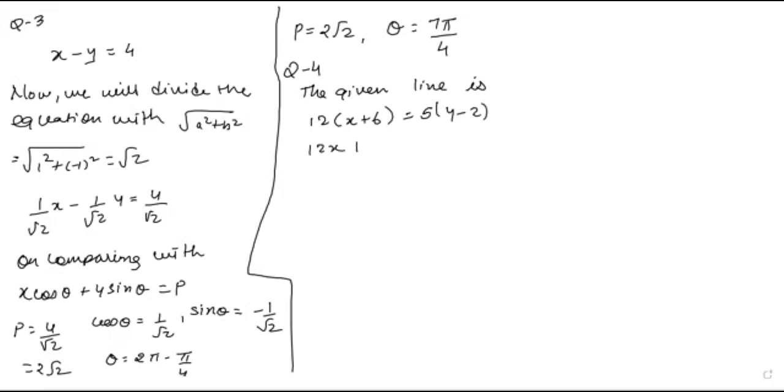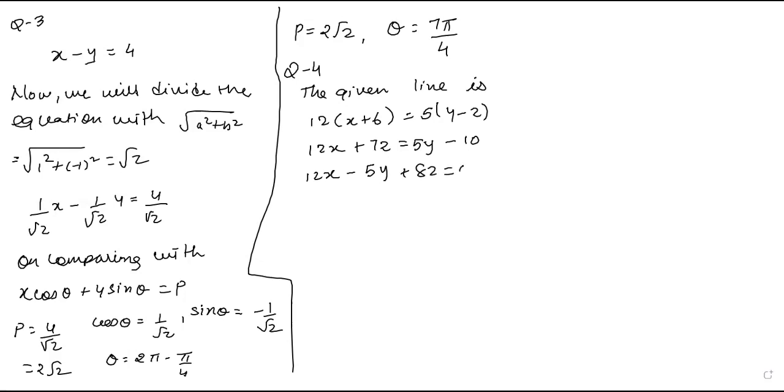So 12x plus 72 is equal to 5y minus 10. So 12x minus 5y plus 82 equal to 0.